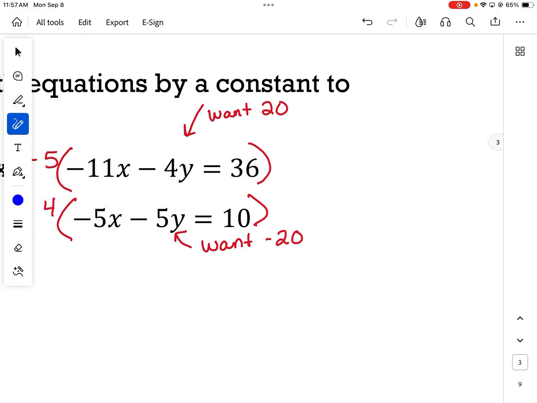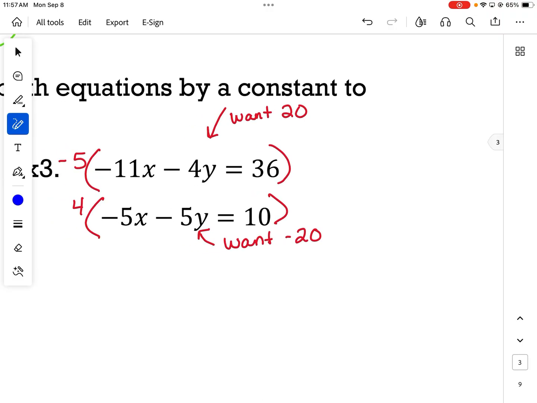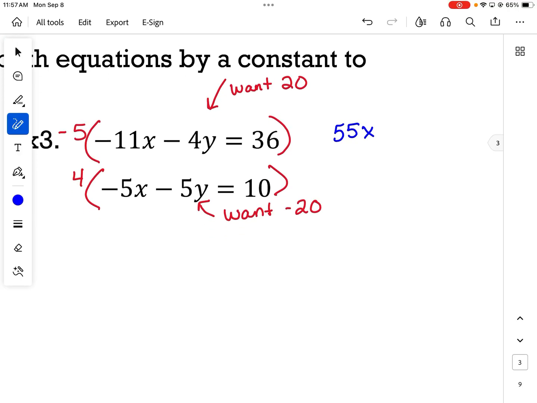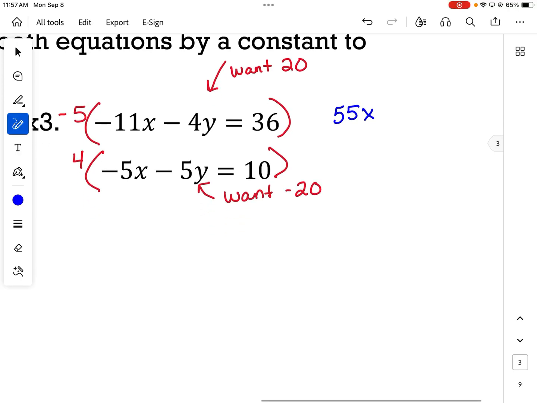So I'm going to do that here. So we'll multiply negative 5 times negative 11. So 55x. And then negative 5 times negative 4. 20y.